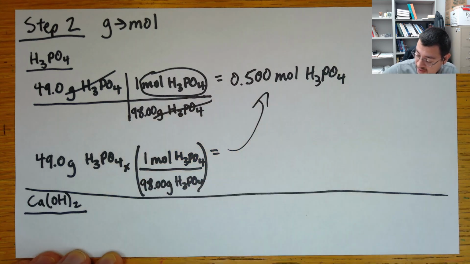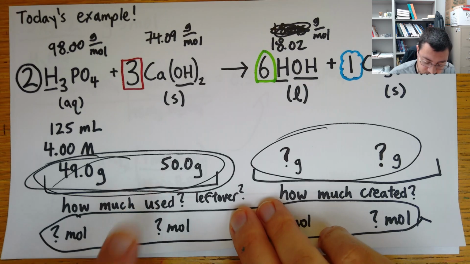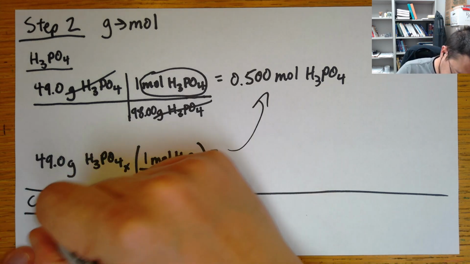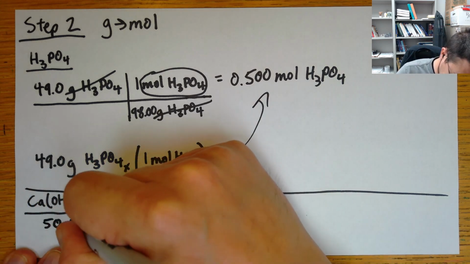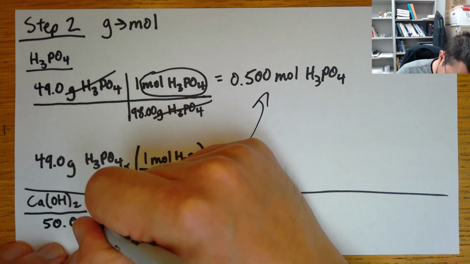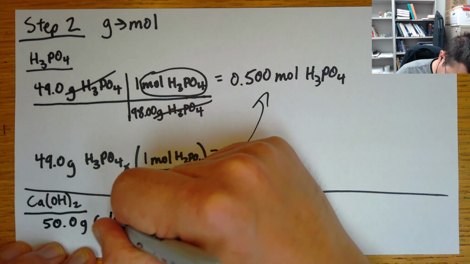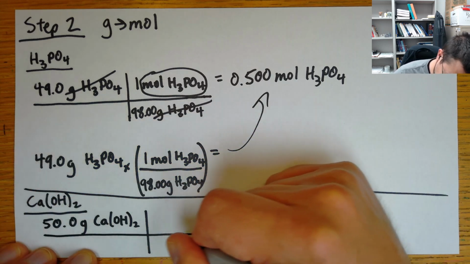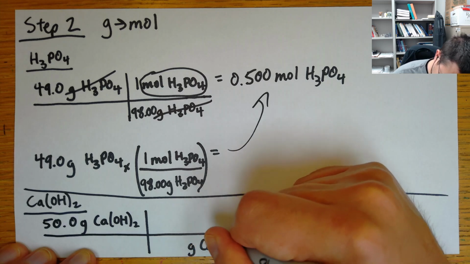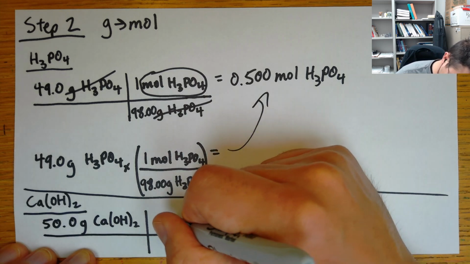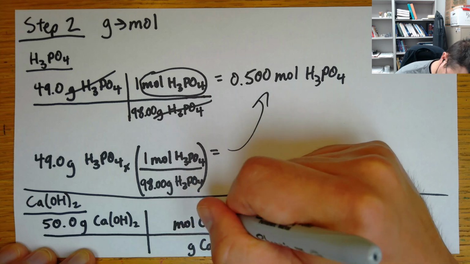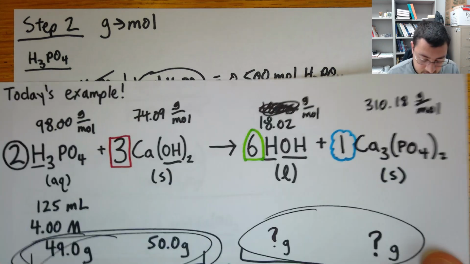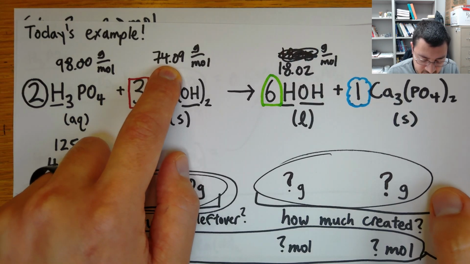So our starting amount for calcium hydroxide was 50.0. 74.09.